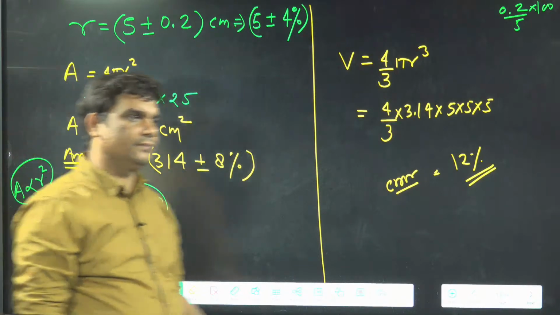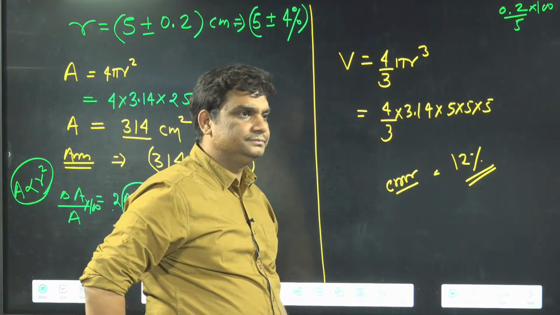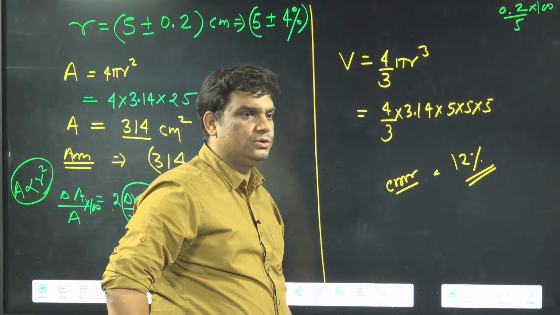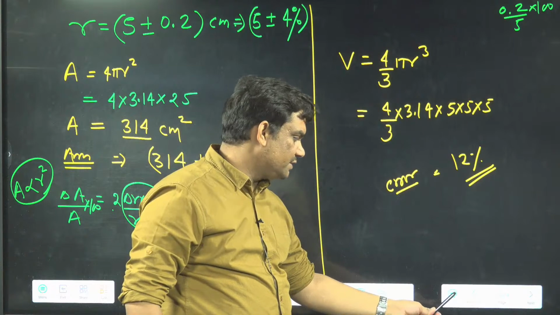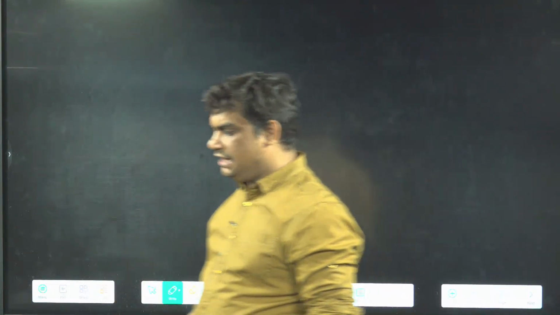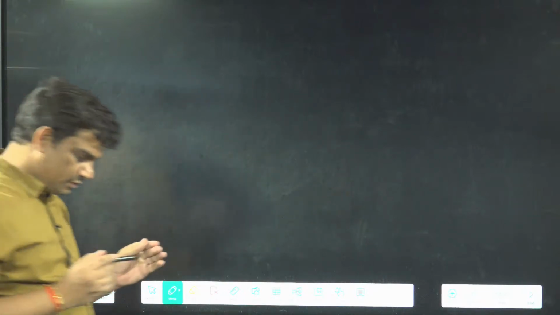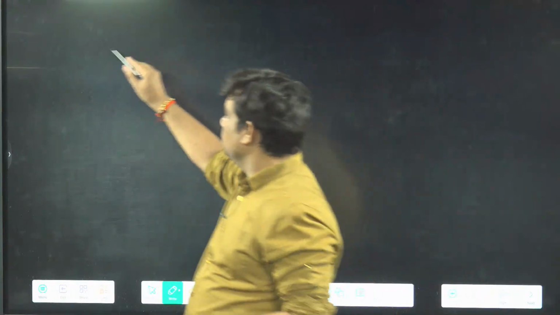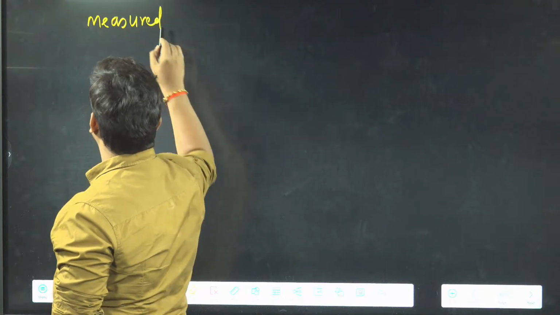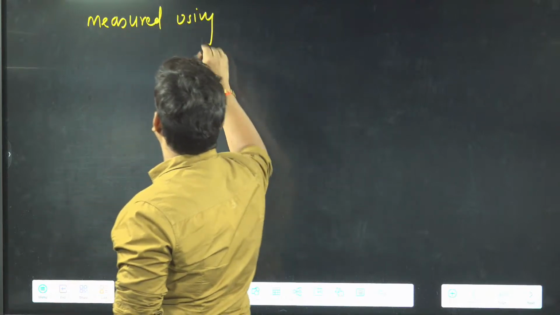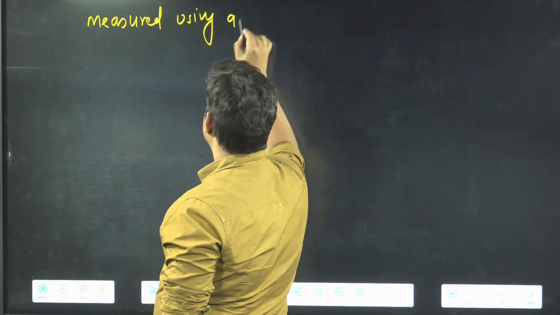Can I give you one more question? Side of a cube, measured using a vernier caliper.